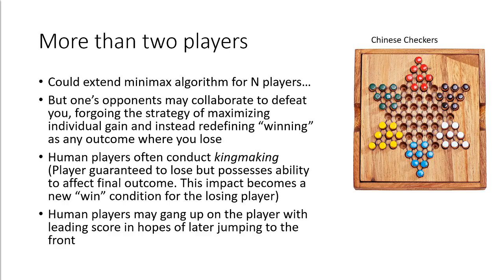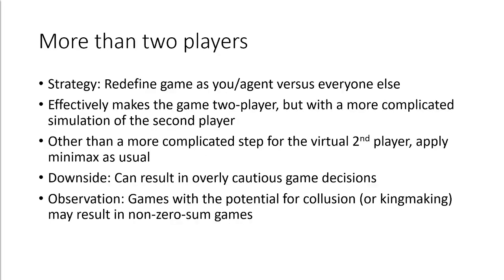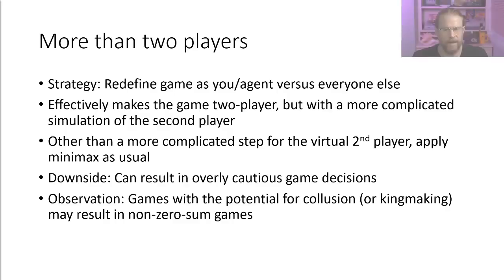Between the possibility of players ganging up on whoever's doing the best, or king making, or other types of collaboration, that can cause a situation where the Minimax algorithm is not effective. A strategy to deal with this is to redefine the game, to have a new perspective, where you consider it as you or your agent versus everyone else.